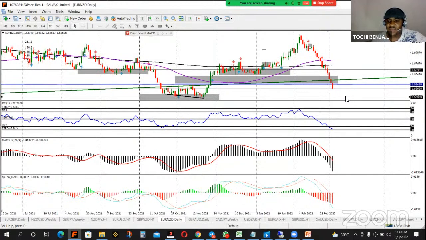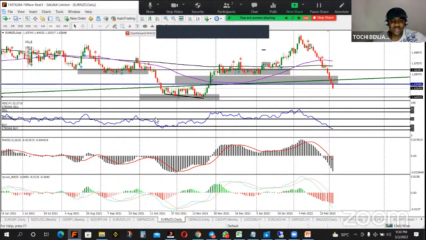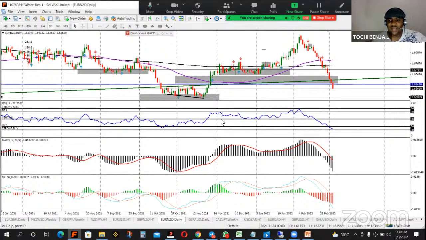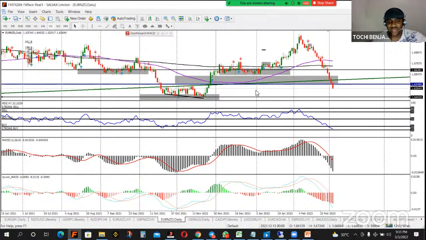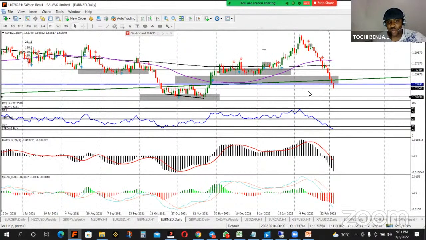You'll see that this market is coming towards this place. Ordinarily, if I'm not using RSI, I will see that this place is the next support that this market is possibly coming to. Since it has broken all of this, it's coming to this support, this point, which is 1.6900. That's where the price is coming to.